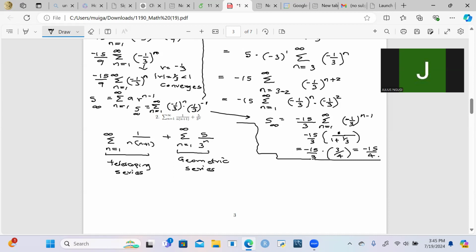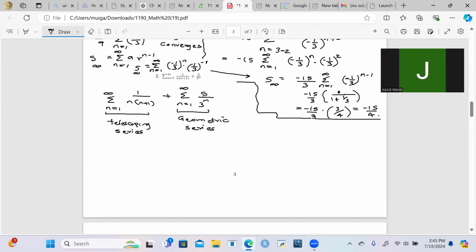For the telescoping, we start by decomposing it into partial fractions. So we can have 1 over n plus 1 equals a over n plus b, because they are linear factors, n plus 1. So we multiply everywhere by n and by n plus 1.